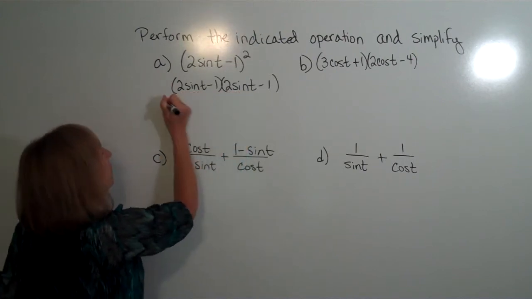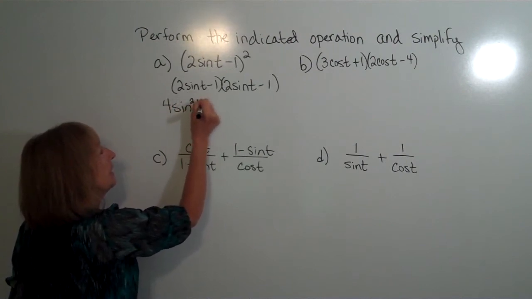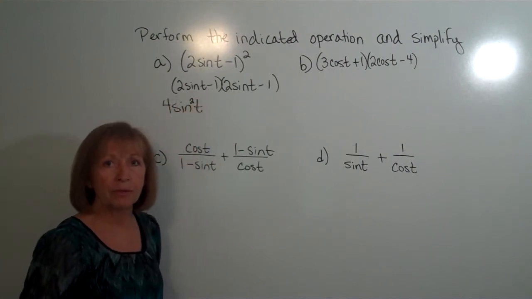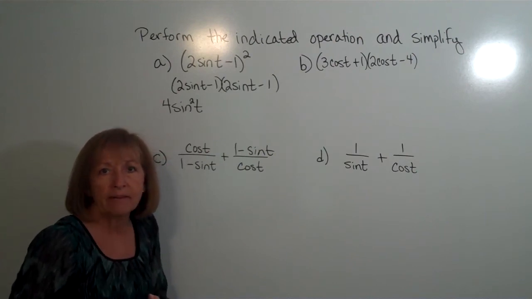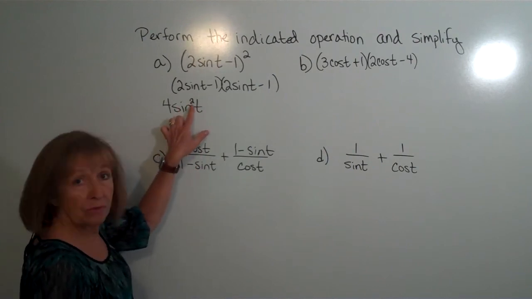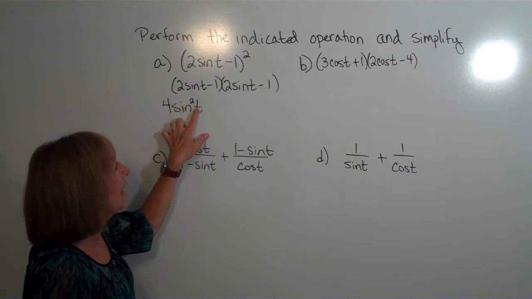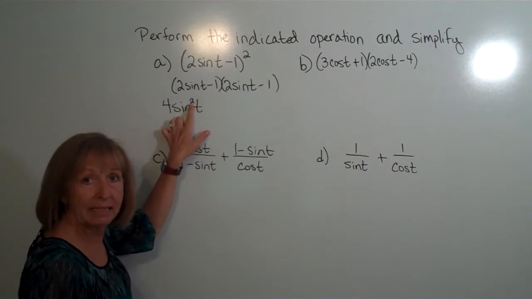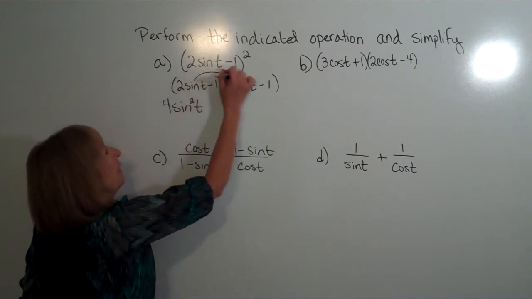So this will give me 4 sine squared t. Just remember that really it's 4 times sine of t squared, but instead of putting the parentheses in there, the way that we do that is to just tuck the square between the trig function name and the angle to say that the entire sine of t is squared. So that gives me my firsts.